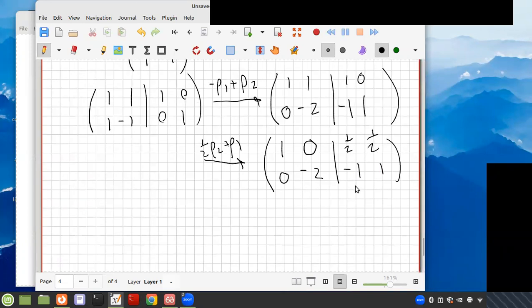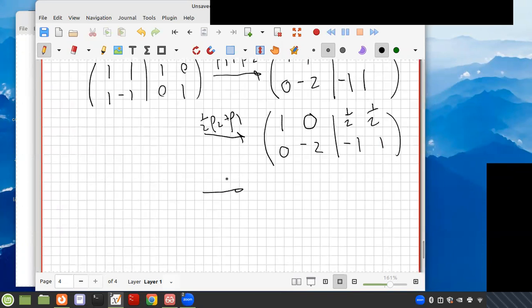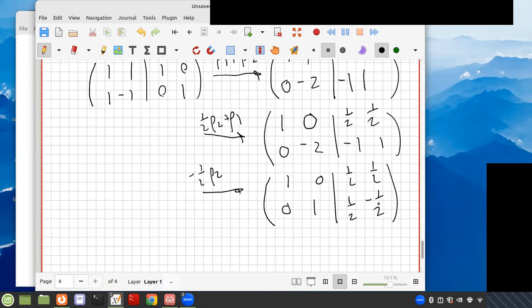Okay. And then the final thing is we can do minus 1/2 row 2 to get 1, 0, 1/2, 1/2, 0, 1, 1/2, minus 1/2.